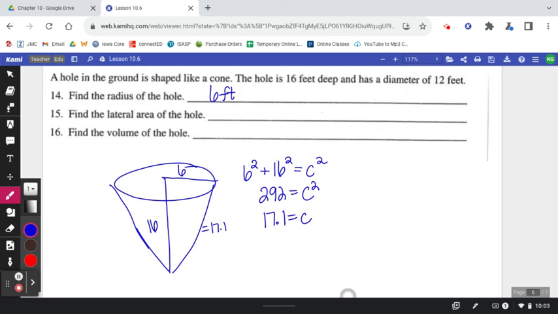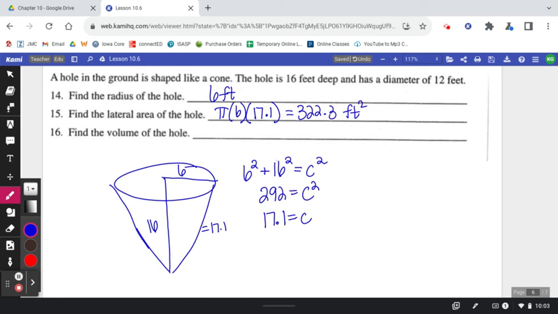For the lateral area, we need pi times radius, which is 6, times slant height, which is 17.1. 322.3 feet squared.